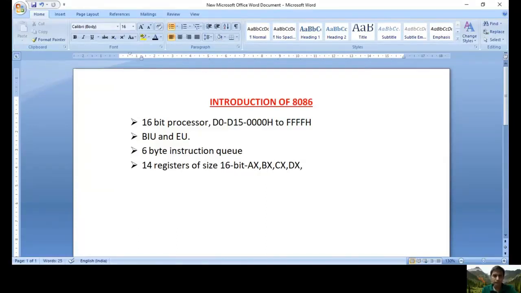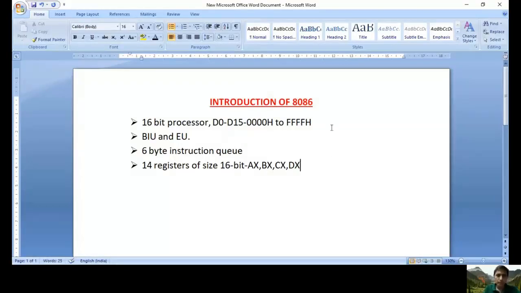Anyway, in register organization I will explain, but these four are AX, BX, CX and DX. These four are called general purpose registers, and 4 segment registers are available, and pointer and index registers are available, a flag register is available, and stack pointer and base pointer registers are available, a total of 14 registers, and the size of each one is 16-bit.